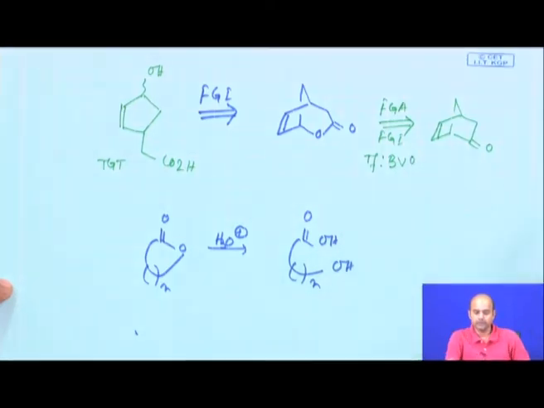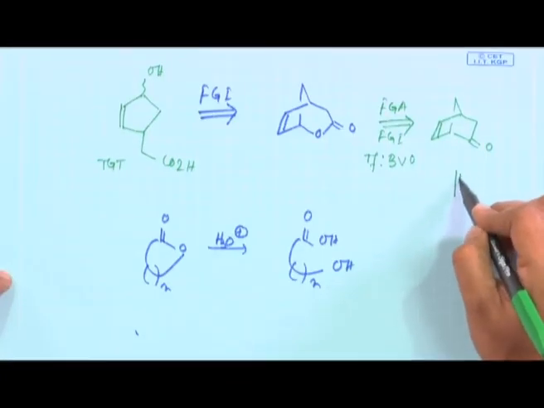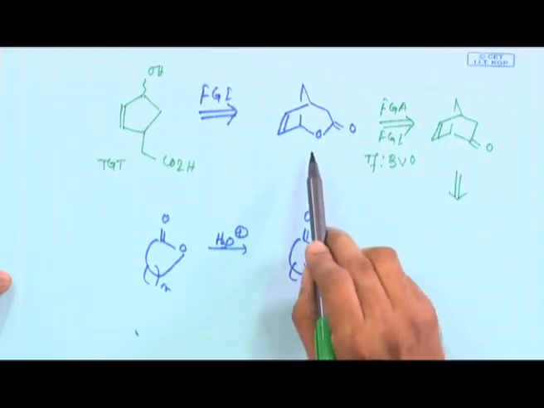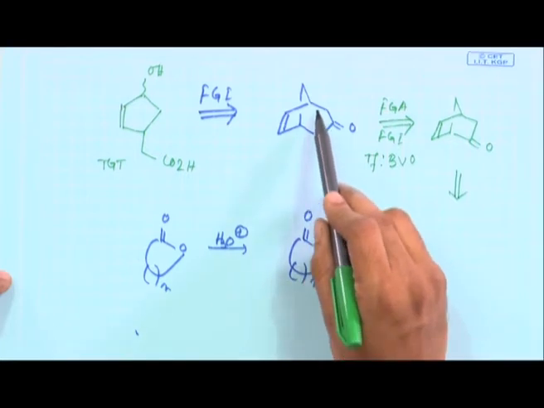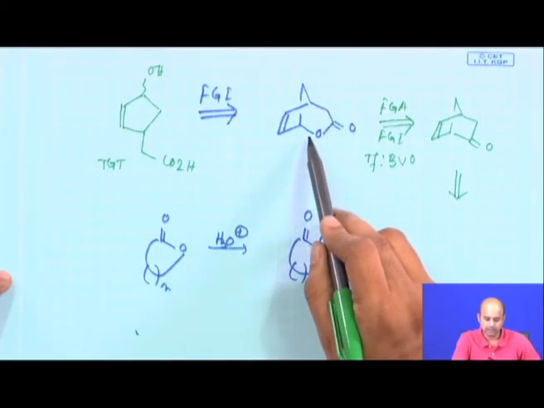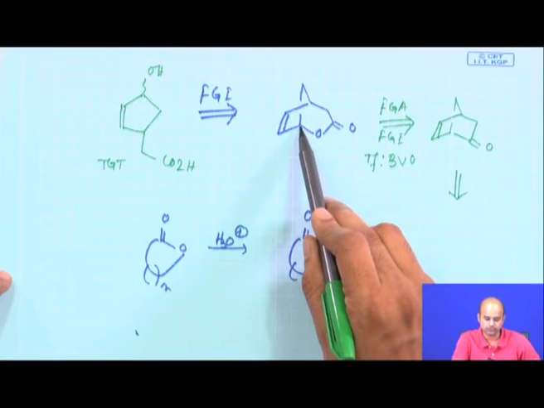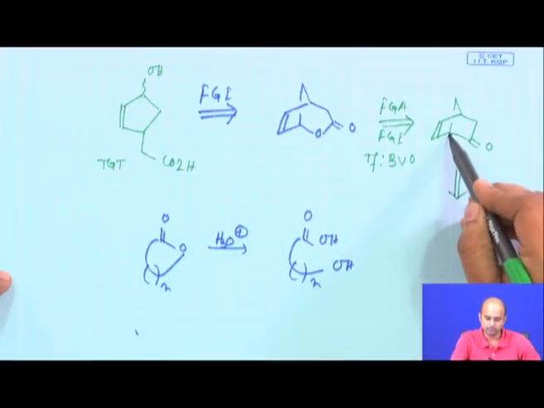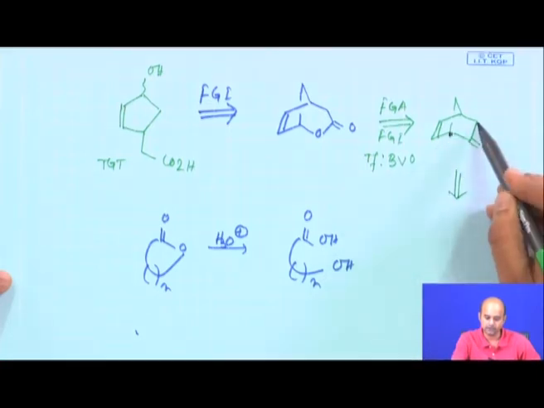Now, Baeyer-Villiger oxidation is a strategically very useful reaction where a migration towards electron deficient oxygen takes place, and the more substituted carbon migrates. Here, both are similar, the only thing is this is more substituted than this. So, this is secondary and this is primary.